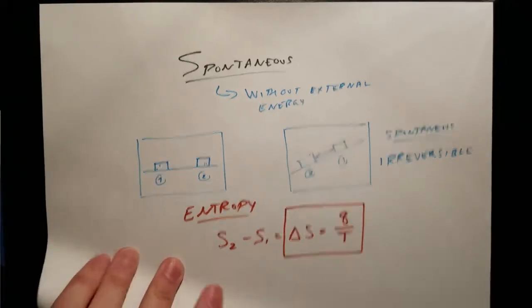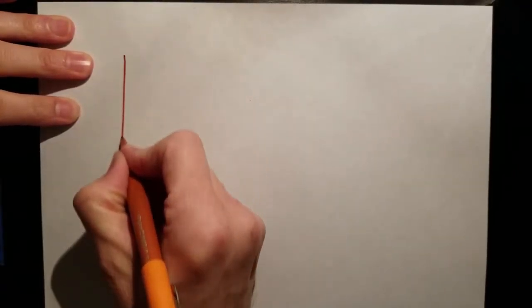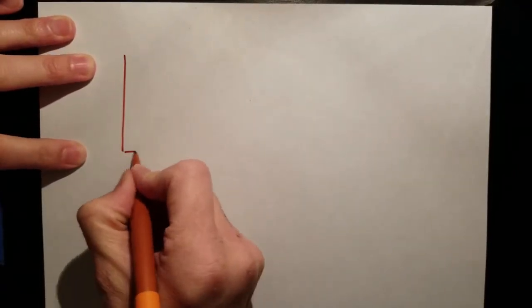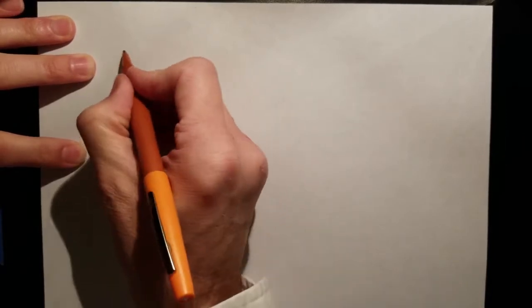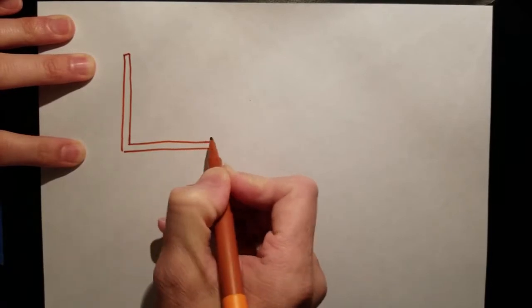Now, the chemical system that we can picture is a chemical system in which we have a piston, and it's some insulated piston like this.